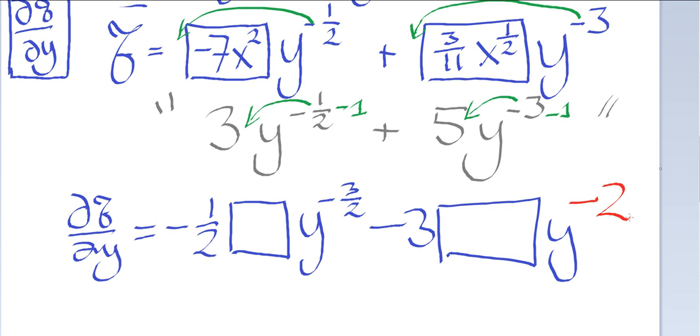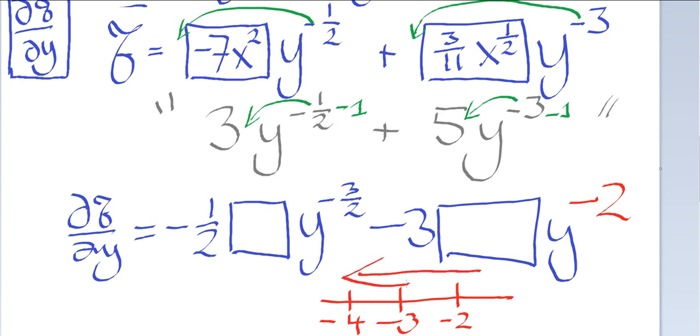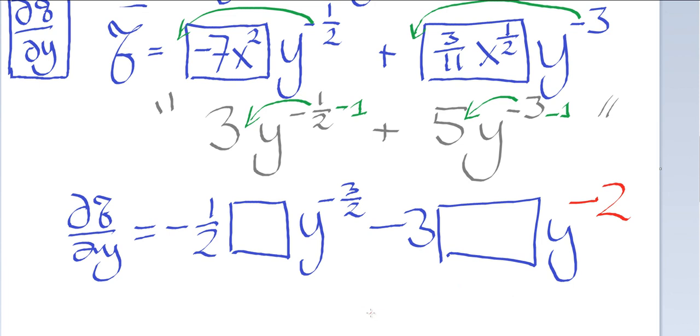You think of the number line: there's minus 2, minus 3, minus 4. When you subtract 1 from a number, you're going down the number line. So minus 3 goes over to minus 4. So when I take 1 off minus 3, I don't get minus 2, I get minus 4.